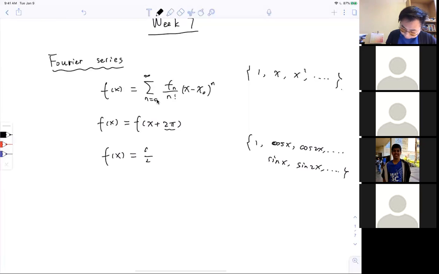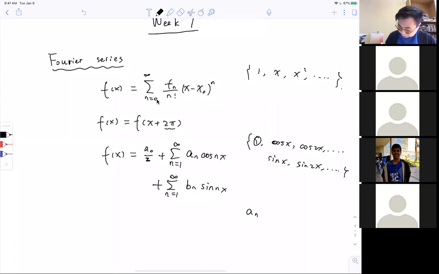So we write this 1 using a naught over 2. This 2 is just for convenience. And then the sum from n equal to 1 to infinity of an cosine nx, plus the sum from n equal to 1 to infinity of bn sine nx.